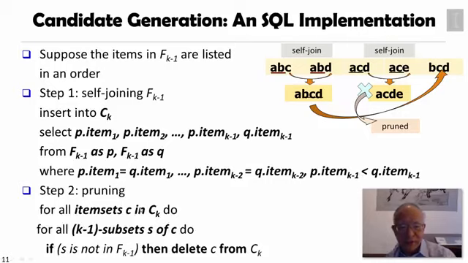Then for this candidate set, we still need pruning. The pruning essentially checks whether the k minus 1 subsets are contained in F sub k minus 1. If some subset s is not in F sub k minus 1, then we delete this candidate from the candidate set C sub k. So this is the candidate generation, the key step of the SQL implementation of Apriori.